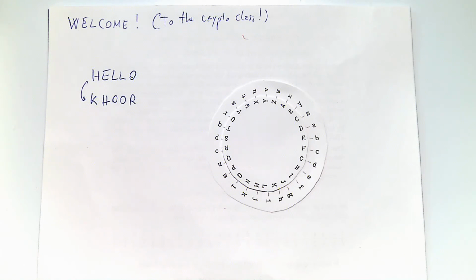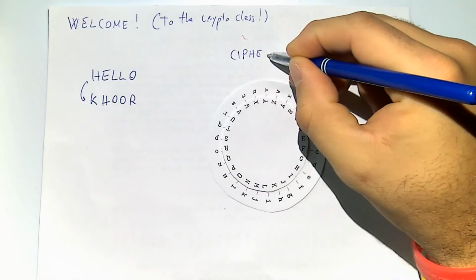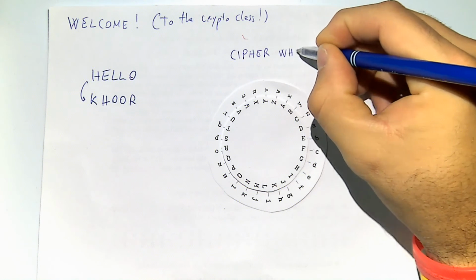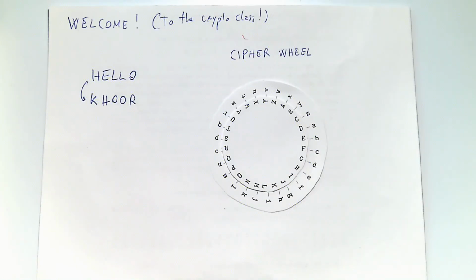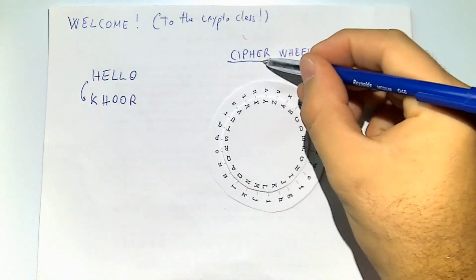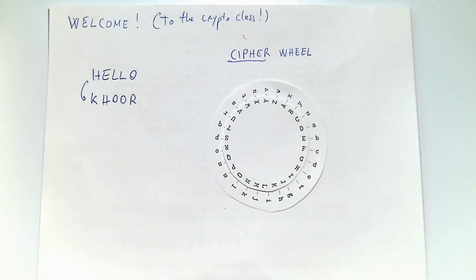Basically, this is what is called a cipher wheel. This method of securing information is what we normally call a cipher. A cipher is just a scheme for hiding your messages.